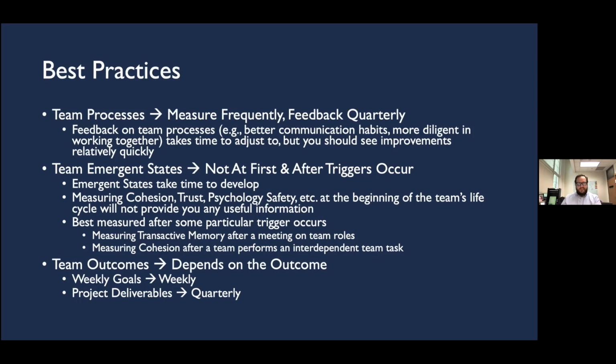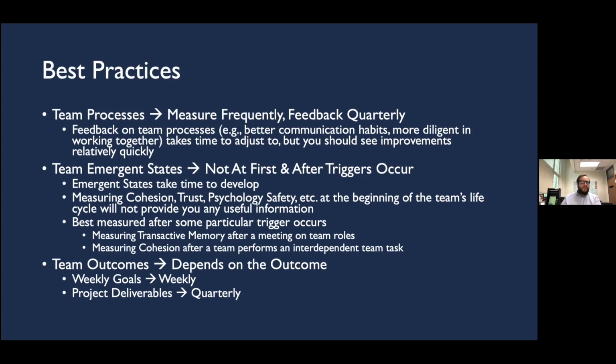And the speed at which they emerge over time is based upon events that occur with a team. For example, you develop psychological safety by team members being vulnerable and testing the waters and showing that to other team members. If no one ever does that, you're not going to develop psychological safety. So these things are best measured after some particular trigger or event occurs.